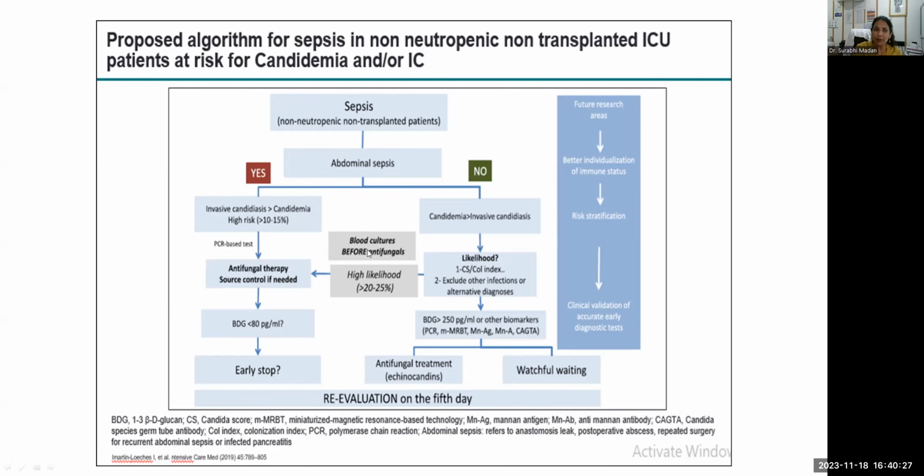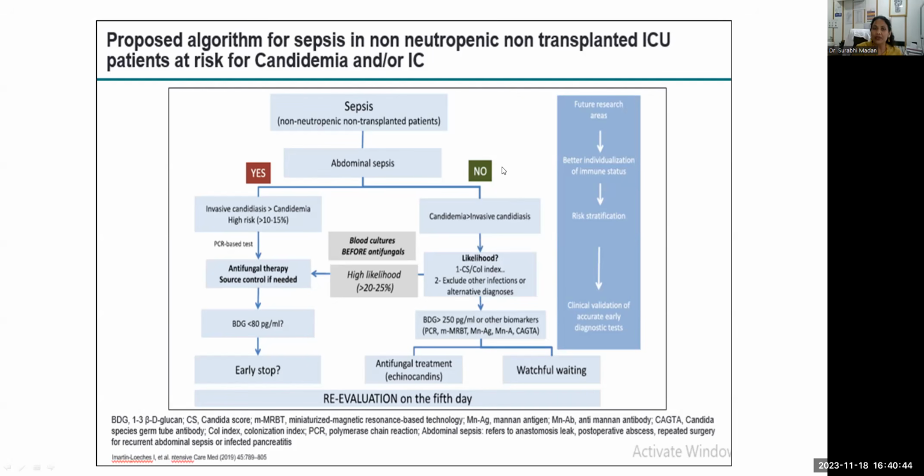So along with the blood cultures, try to send a PCR-based test, and start antifungal therapy and source control if needed. However, if your PCRs and beta-D-glucan are negative, then you try to stop the antifungals which have been started empirically.